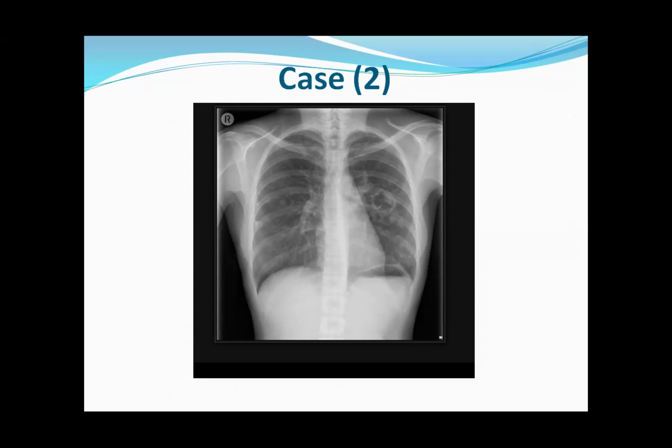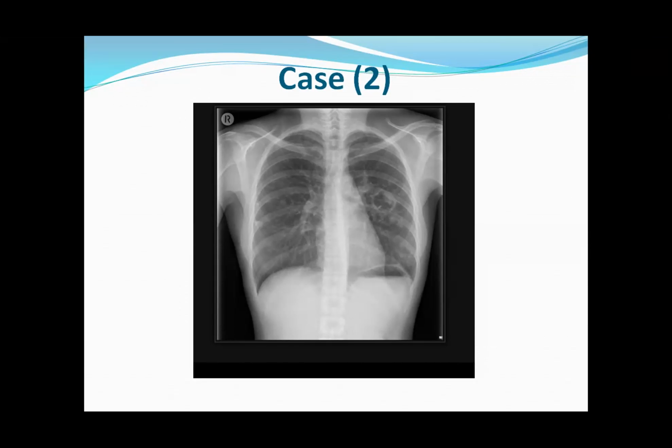What you will do next? Next, I would do a CT chest to confirm the diagnosis. How do you confirm on CT chest? What do you expect to see in CT chest if this is TB?